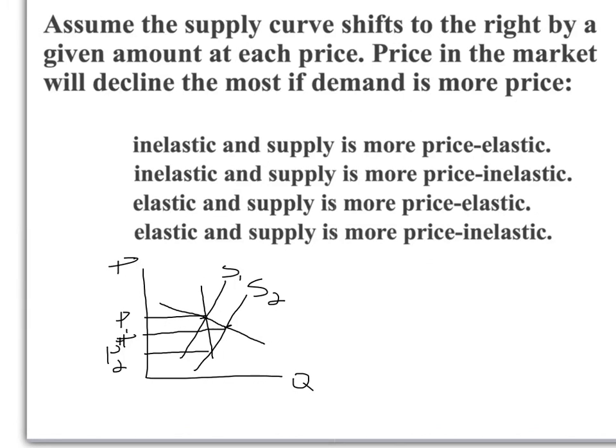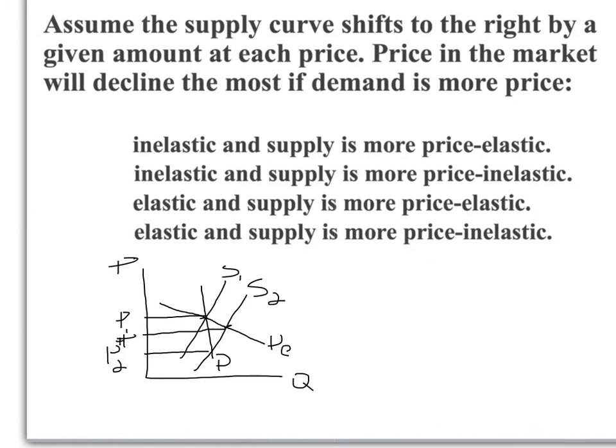So this is the demand elastic, and this is the demand inelastic. The more inelastic either demand or supply is, it applies to both, the more you feel it in the price.